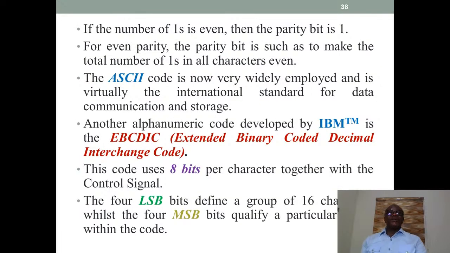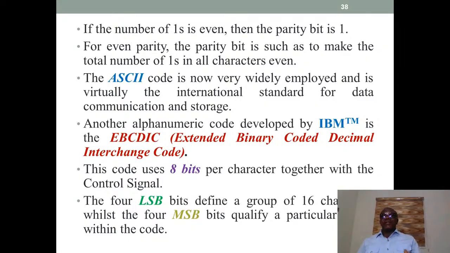If the number of ones is even, then the parity bit is 1. For even parity, the parity bit is such as to make the total number of ones in all characters even. The ASCII code is now very widely employed and is virtually the international standard for data communication and storage.